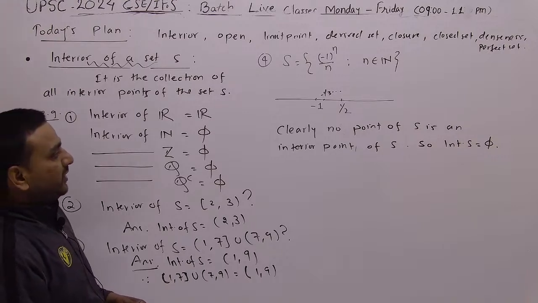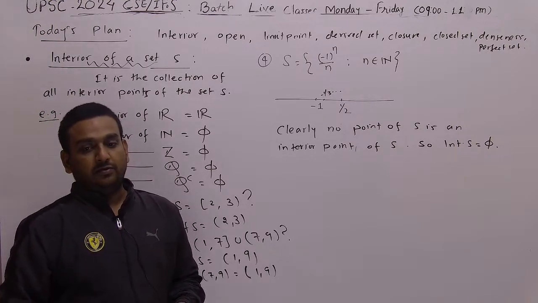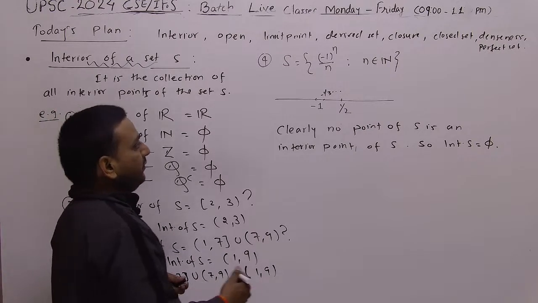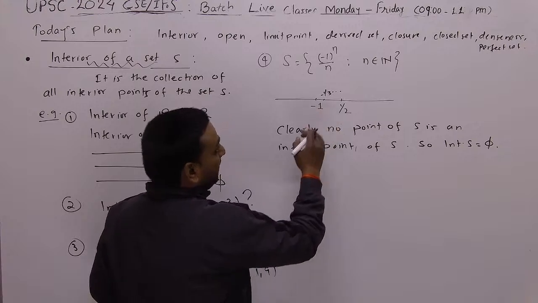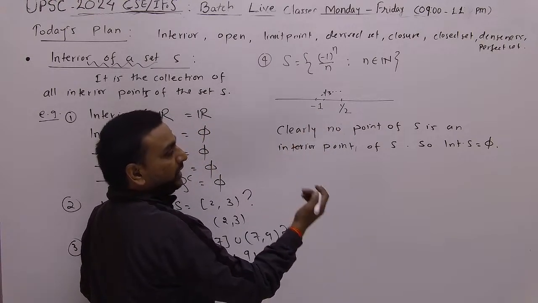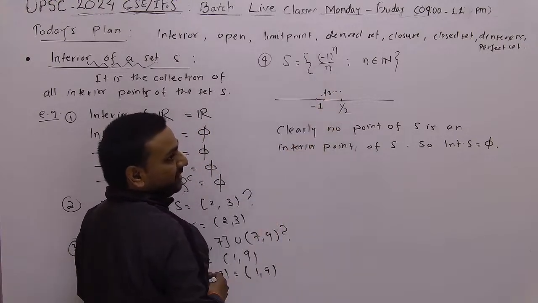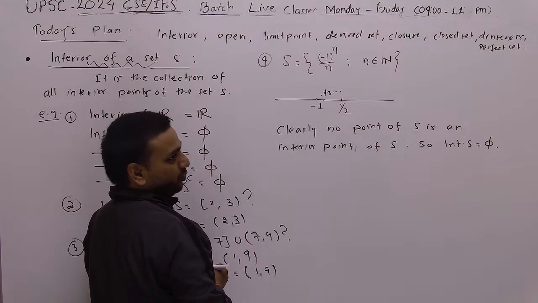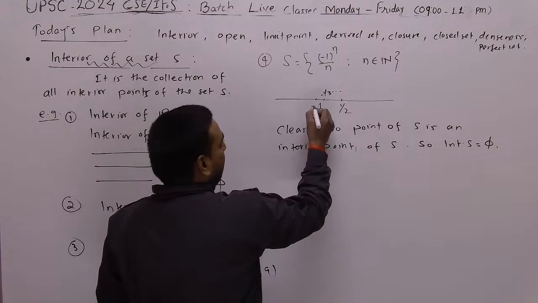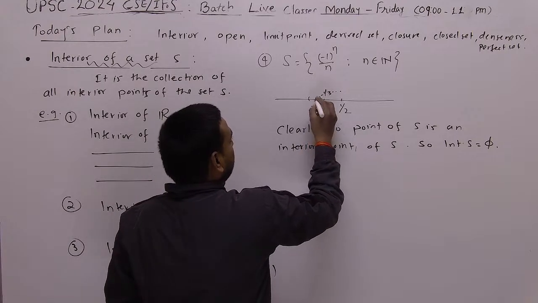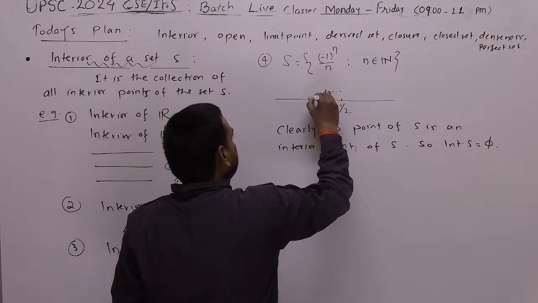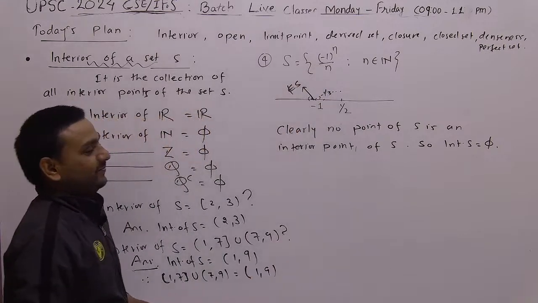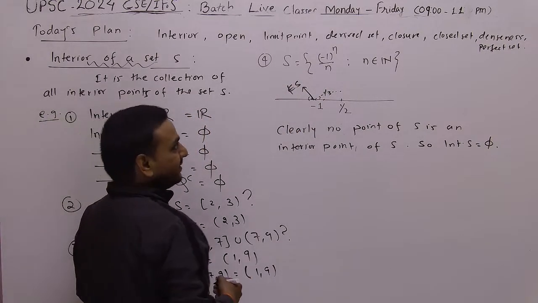How can -1 become its interior point? Shubham Chobe, if you take -1, after that the next point you are getting is -1 by 3. And any ball if you take here, that will take these points which are not in S. Okay, dears?